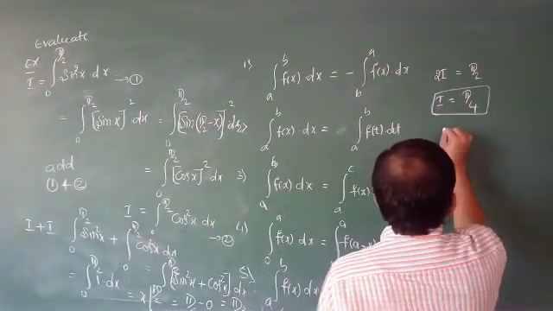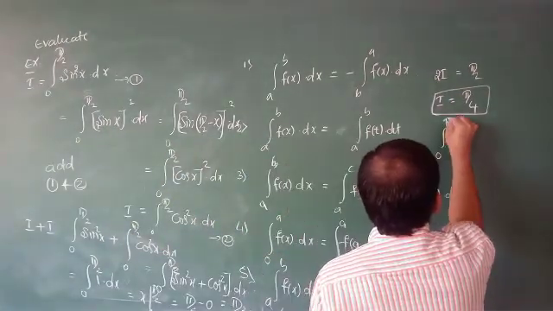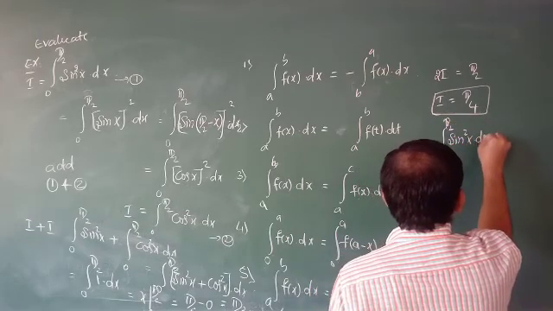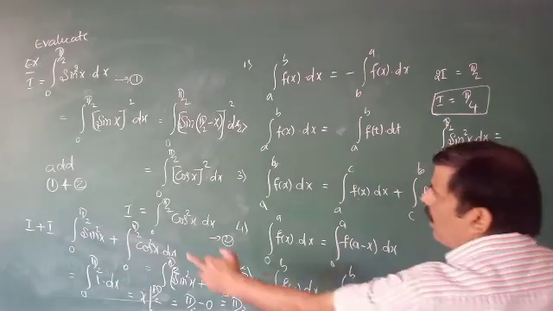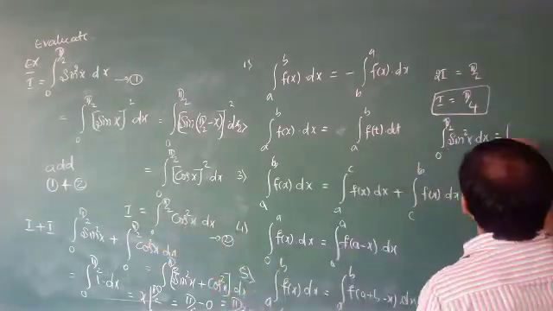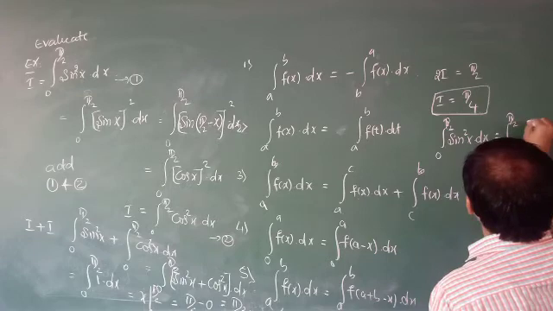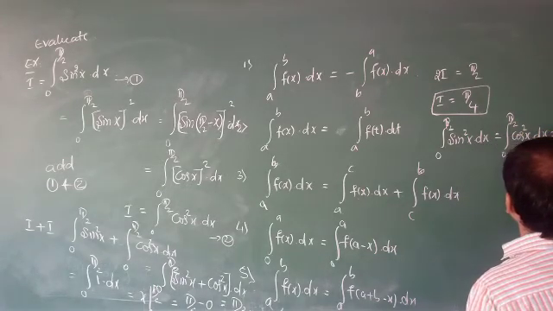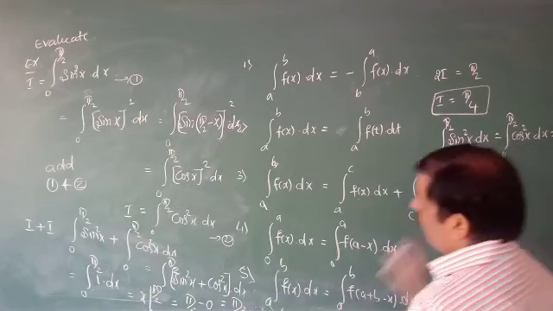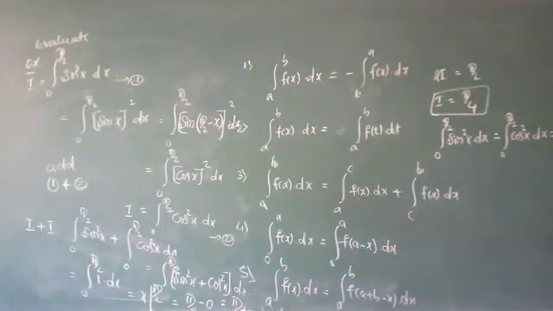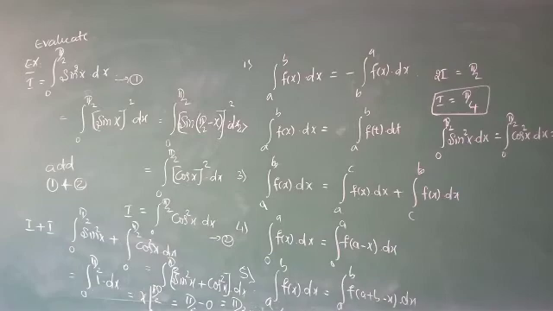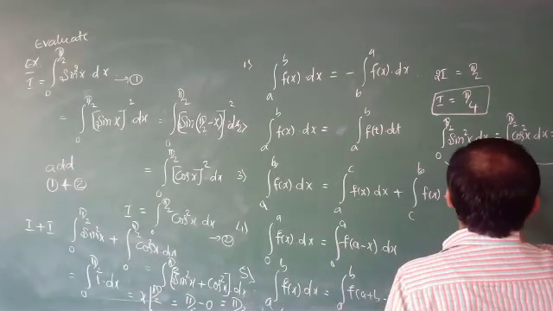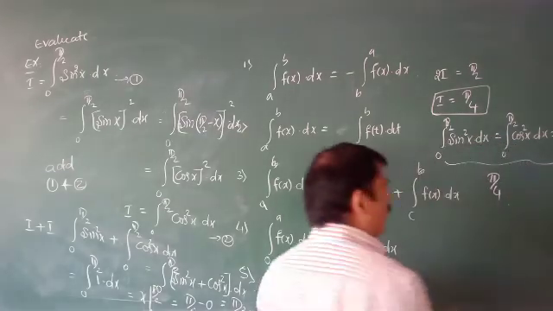Whether I is integral of 0 to pi by 2 of sin square x with respect to x or integral of 0 to pi by 2 of cos square x with respect to x, the value is pi by 4. Both values are pi by 4.